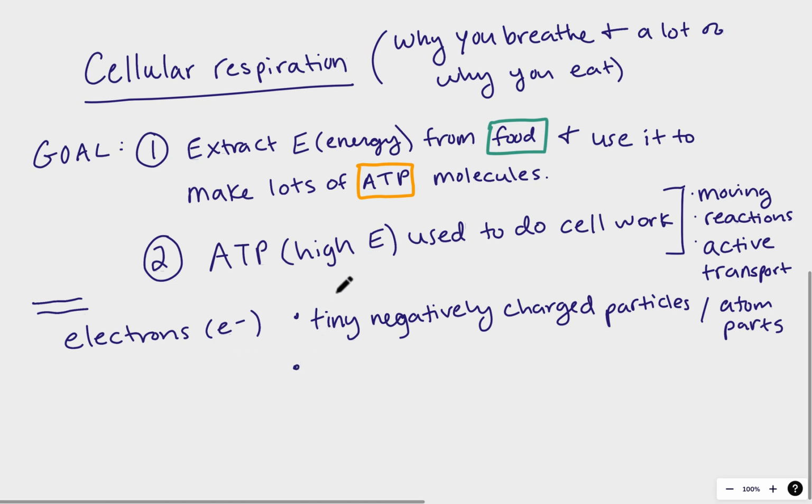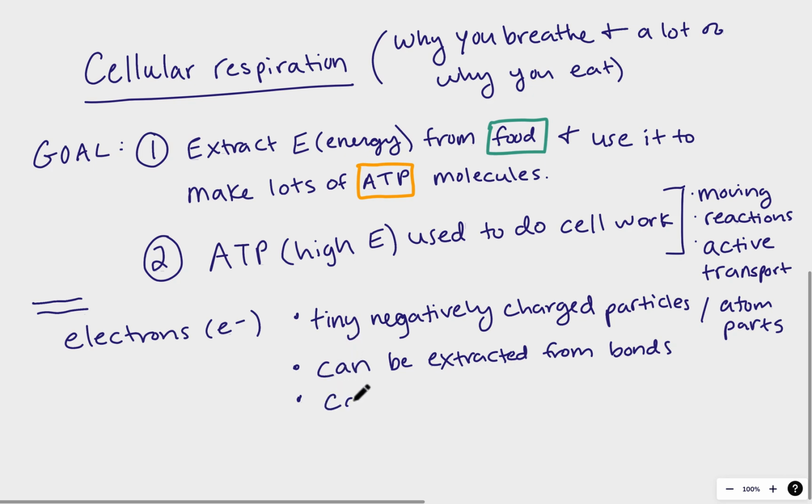Important things in our context about electrons: you can extract them from bonds. That's going to be important. That's how we're moving energy during the cellular respiration.